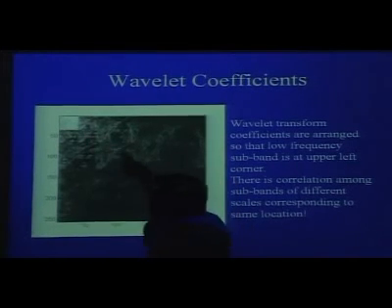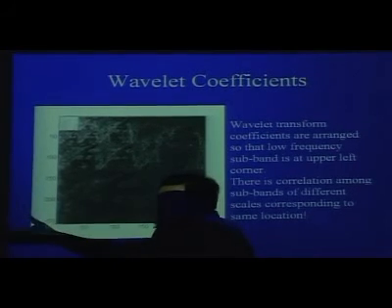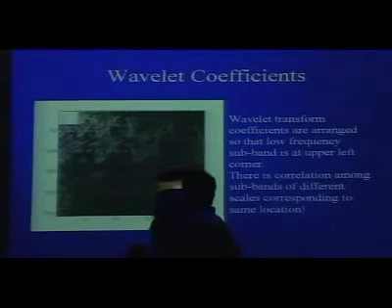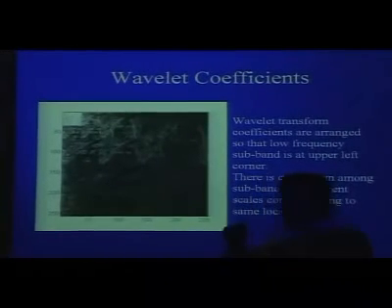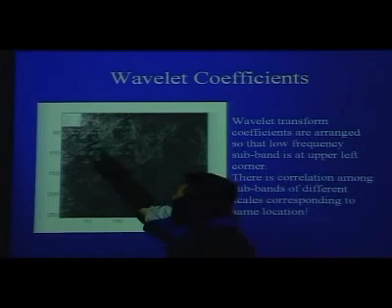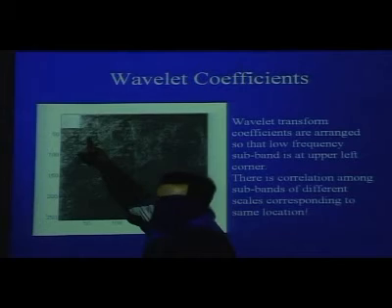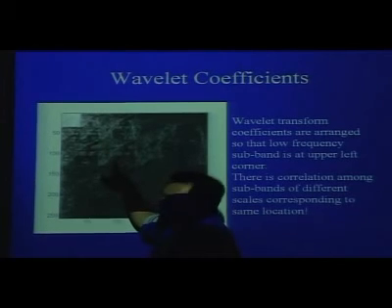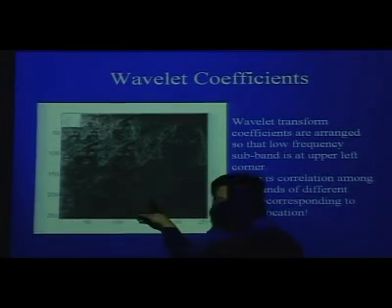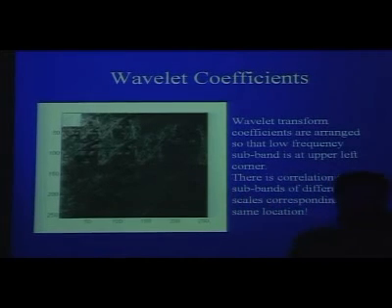Go this direction, that's diagonal, the same direction but different resolution. And over here, the same way. So the idea of wavelet coding is that if there's a 0 value here, a very small value here, it is very likely that over here it's also very small, and so on. Because they're correlated. Okay? So it's the idea of zero-tree coding.